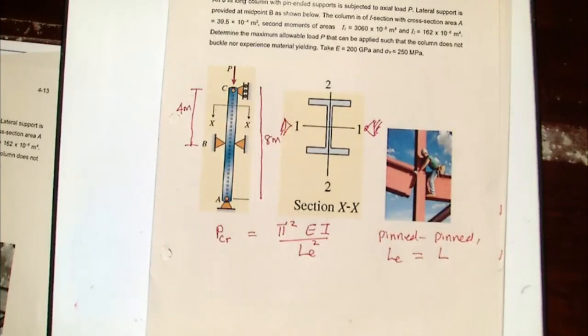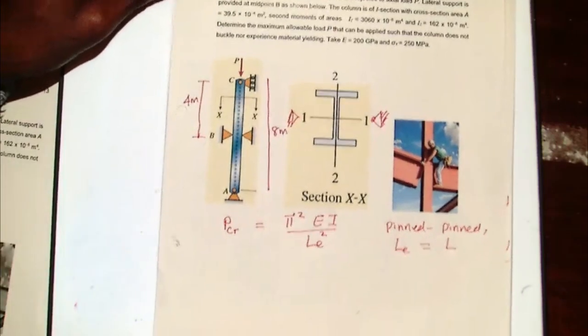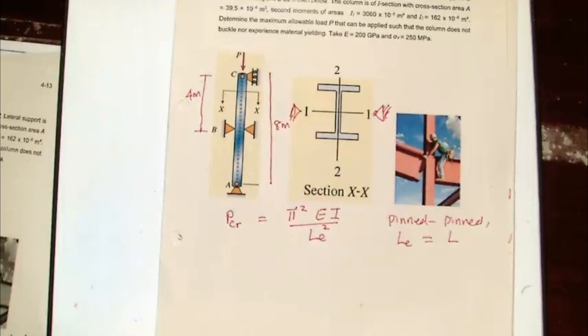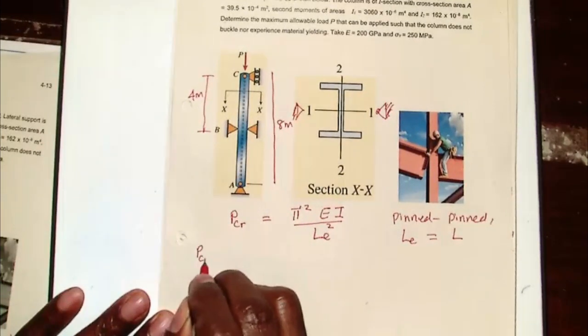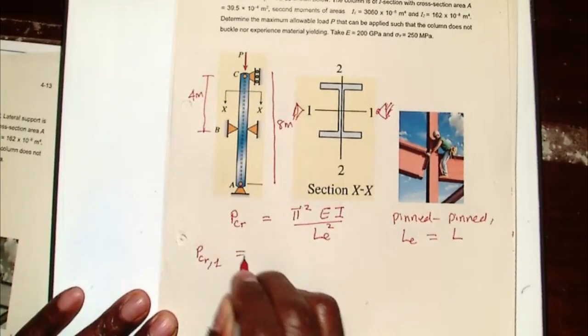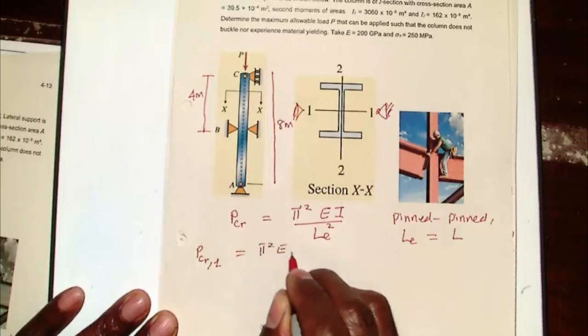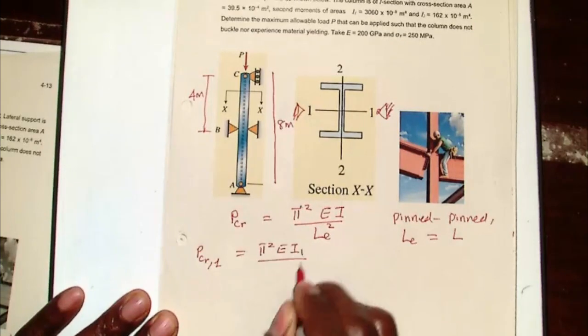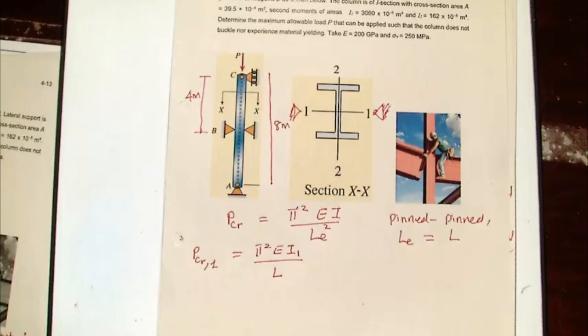So we look at the first one: how to buckle about 1,1. For buckling about the 1,1 axis, we say P critical for 1 is pi squared E I for 1 all over the length of the structure.